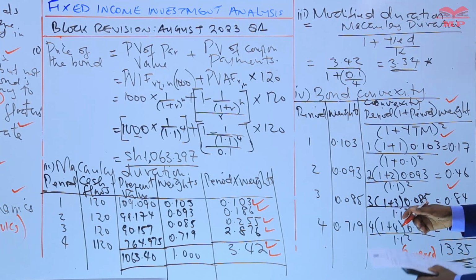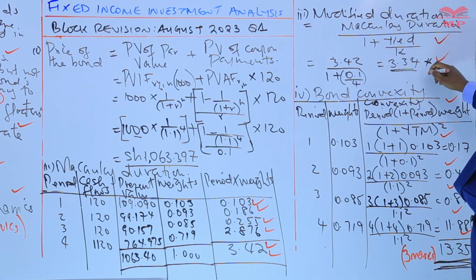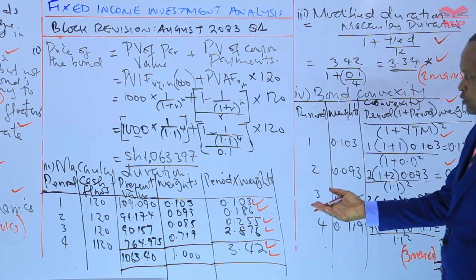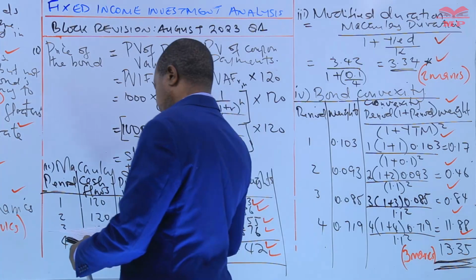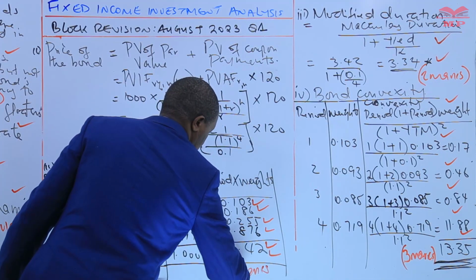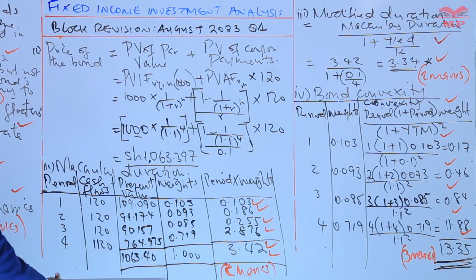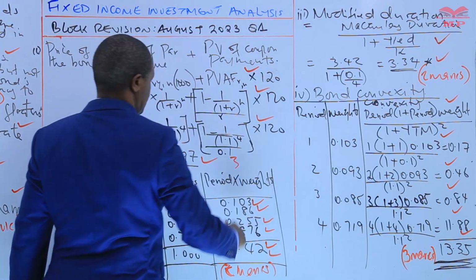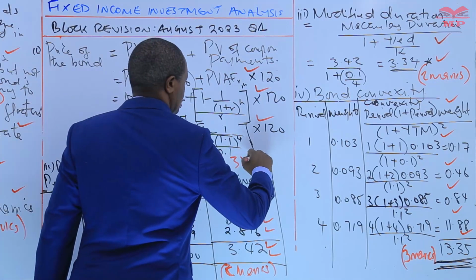Roman 3 is just 2 marks. Roman 2, Macaulay duration, is 2 marks. Then the price of the bond, again 3 marks. The price is there, 3 marks.